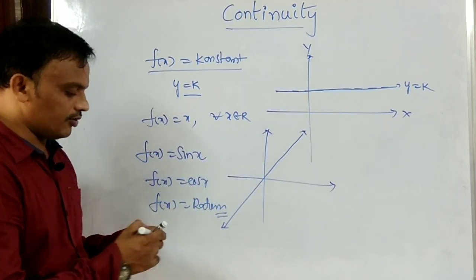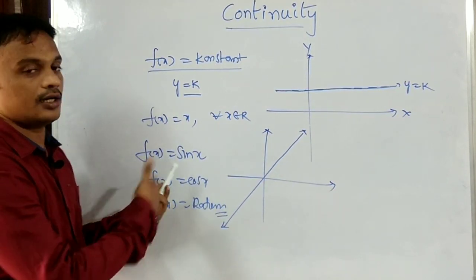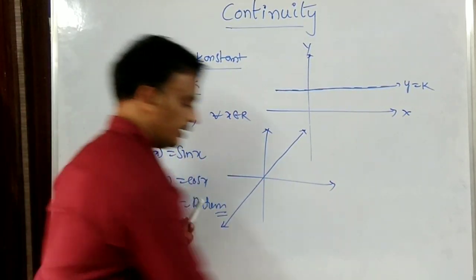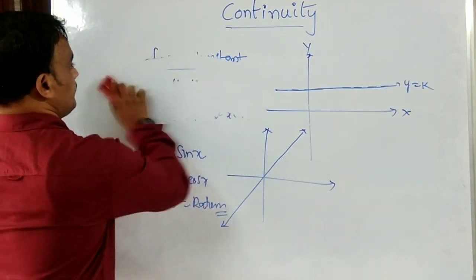I will explain some more examples which are not continuous, and I will give the reasons.